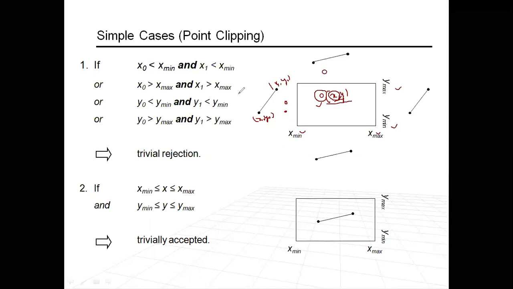Likewise, if x1 is lying below x min, then it is outside. If x naught is greater than x max, it is lying outside. If x1 is greater than x max, it is lying outside.